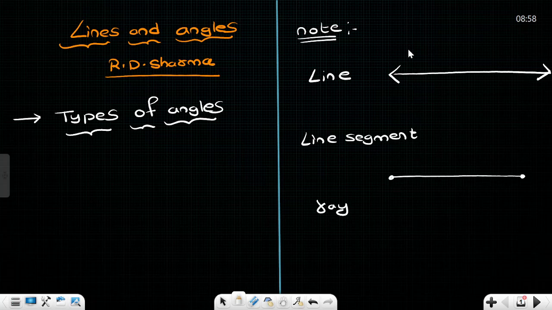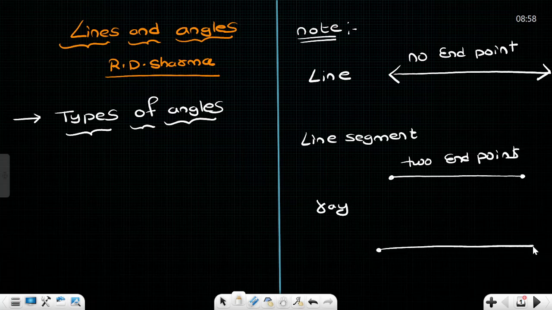So, no end point for the line, and two end points for the line segment. A ray has only one end point; in the other direction it goes on for infinite. This is the difference between a line segment and a ray.